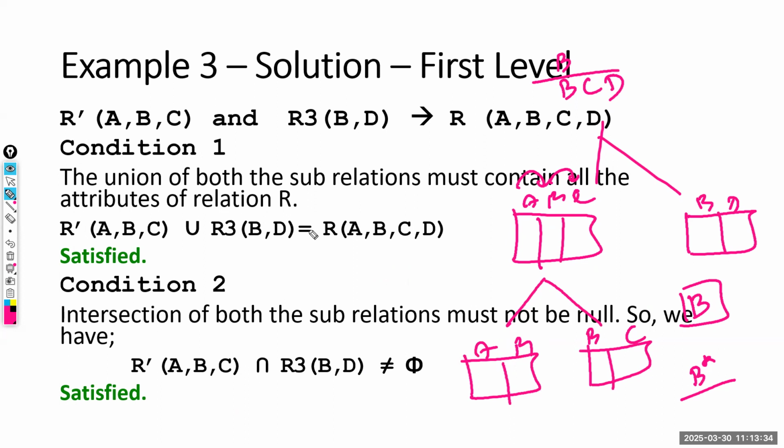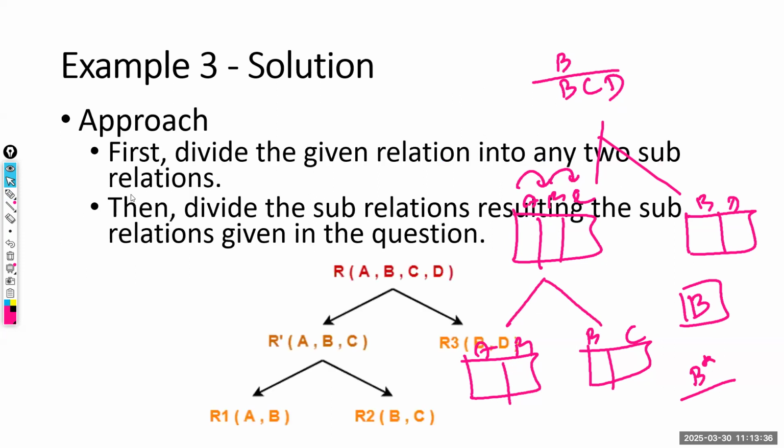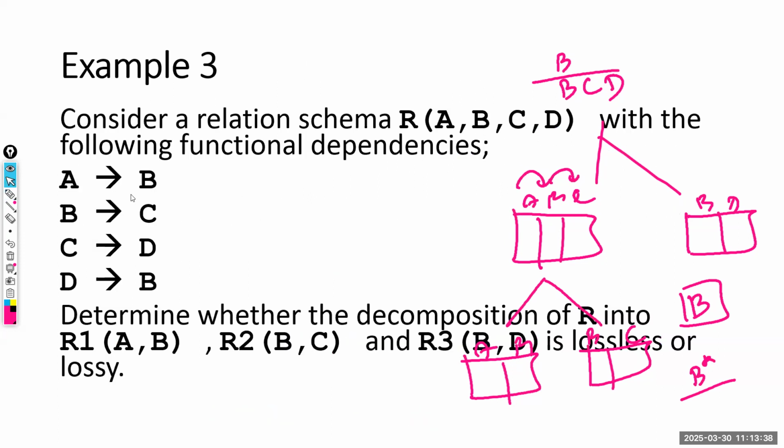Okay, so let's look at the conditions again. So B determines C. Of course, B determines B by reflexivity. And here we know that B determines C, and that is fine. So that means B is a super key of this. Actually, B is a primary key of this also. But can we say that B determines D also, because C determines D, and again D determines B. That's it.